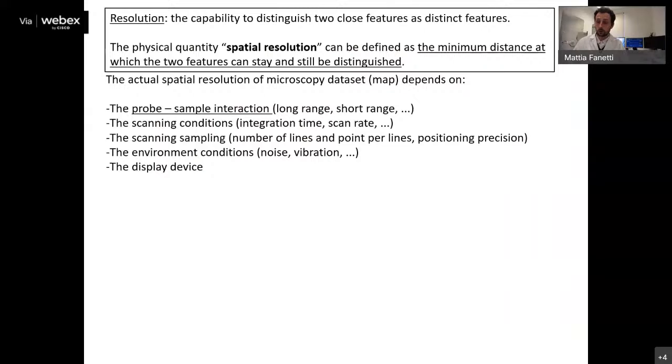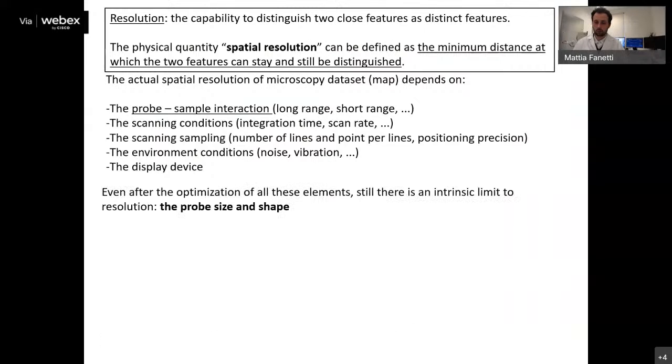I didn't mention here the most important factor which can affect the spatial resolution, and this factor is the probe size and the probe shape. If I want to have a high resolution, I need a sharp probe. If I have a large probe, larger than the features that I want to distinguish, then I have a lower resolution.